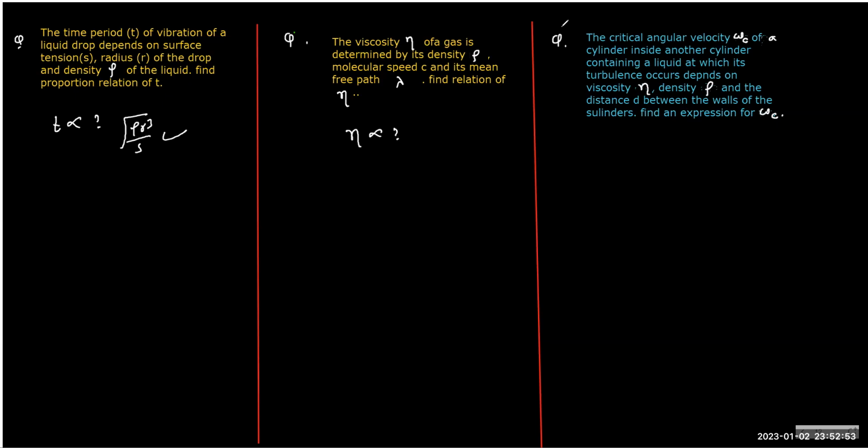Then the rest two? The second one is just rho C lambda. Correct. Rho C lambda, correct? This is what you said? Rho into C into lambda. No, that's the right answer. So are you all getting the answer?